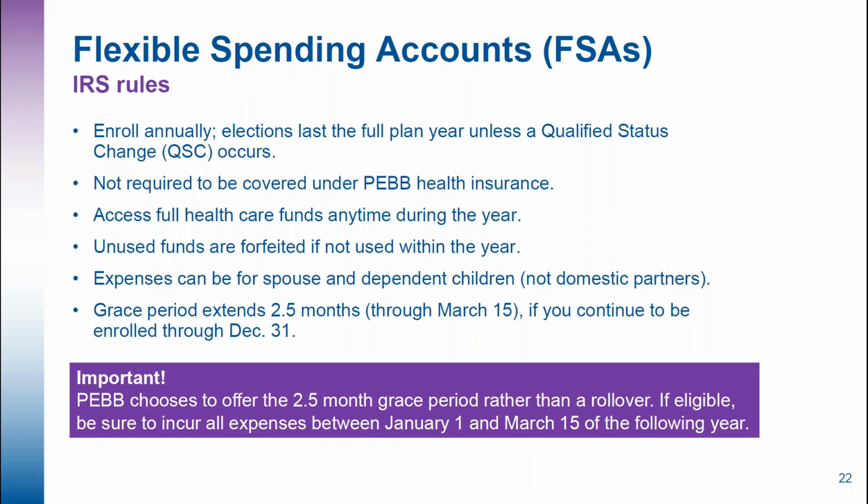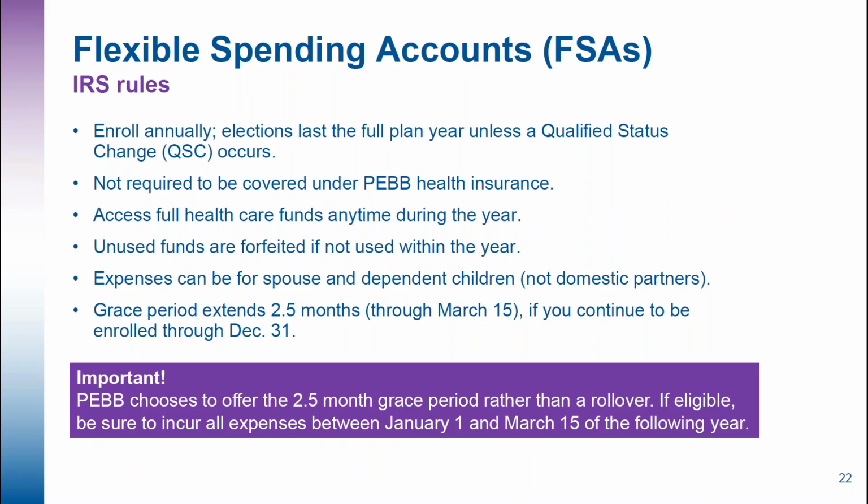So if you contribute $2,000 to your healthcare FSA and your first deduction of, you know, what is it, 175, 180 bucks happens January 1st, you have the full $2,000 to use effective January 1st for your healthcare FSA.